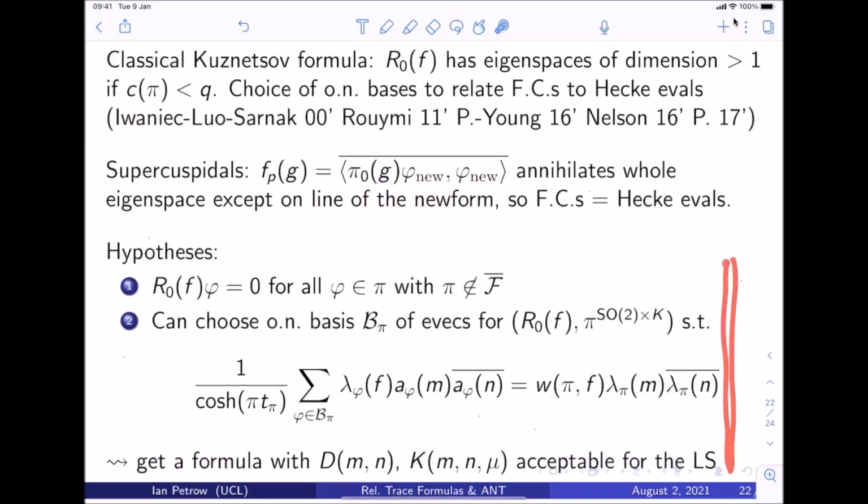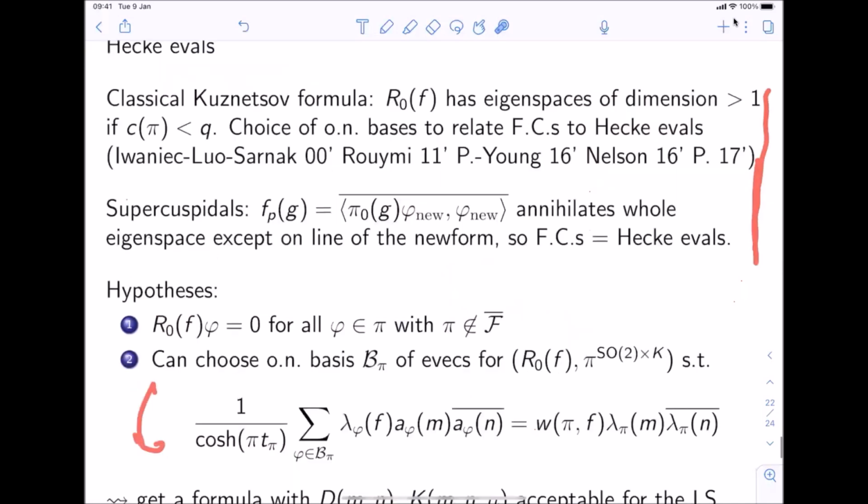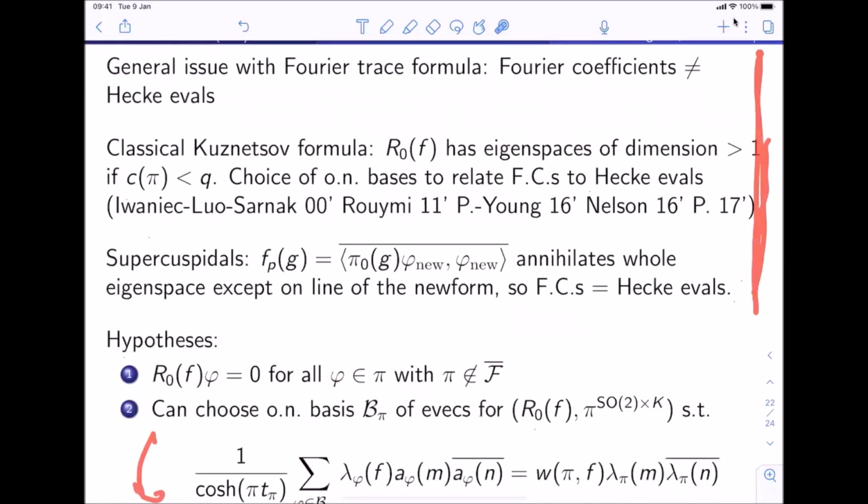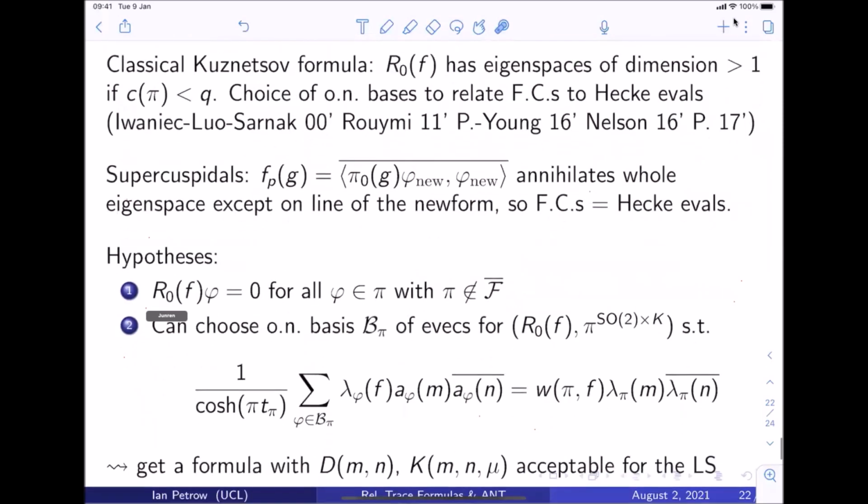So I'm going to make a couple hypotheses. So first, this one is just the family: this operator annihilates everything except for the forms in my completed family. And then this second hypothesis is just sort of writing down formally the fact that I need some device to go between Fourier coefficients and Hecke eigenvalues.